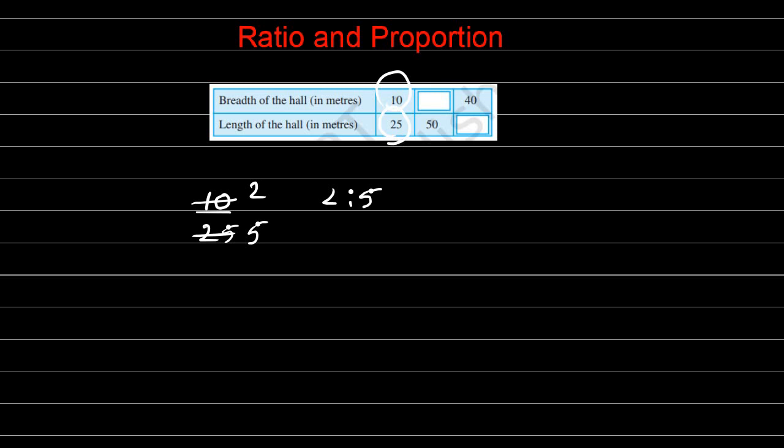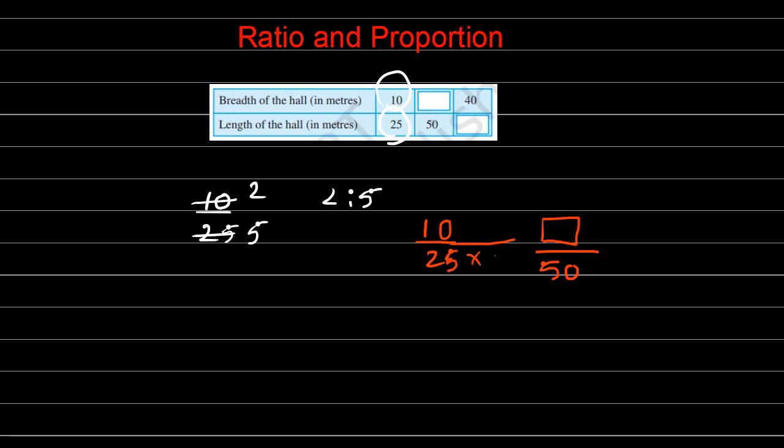So when breadth of the hall is 10, and length of the hall is 25, we need to find out the next number, that is this one is missing, okay, and 50 is given. Okay. Now can you tell me how do you get 50 from 25? Here it was 25, right? So how can you get 50?